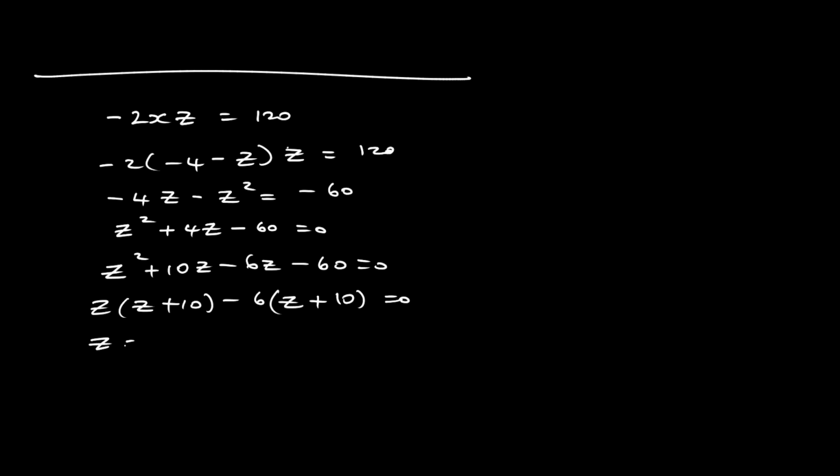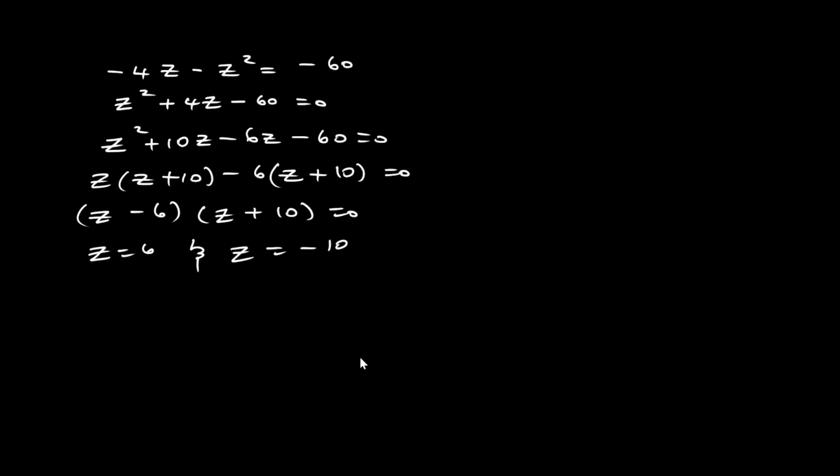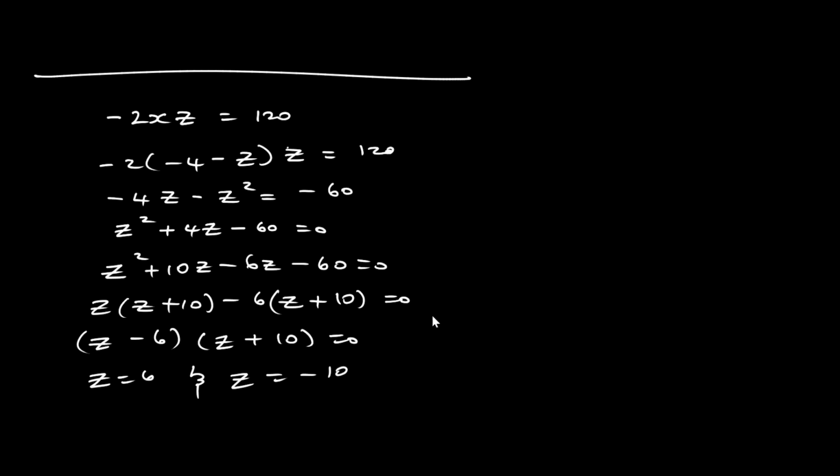So z minus 6 times z plus 10 is equal to 0. So z is equal to 6, and z is equal to negative 10. All right, great. So we have two values for z, and we have one value for y. So let's find our value for x.